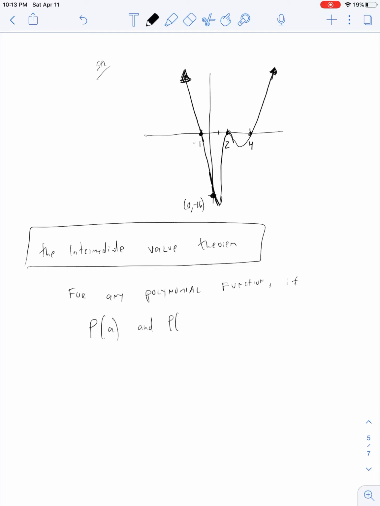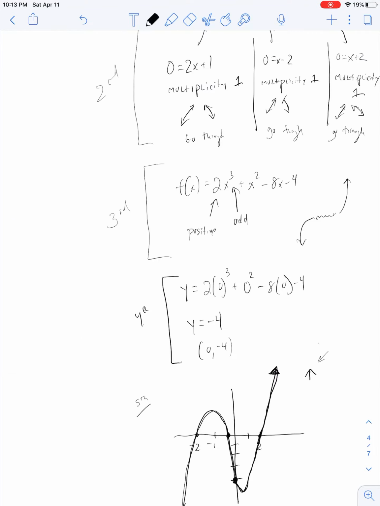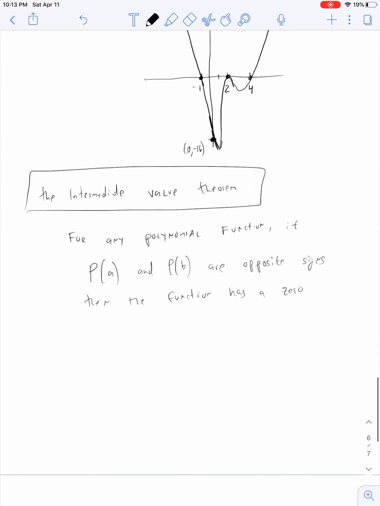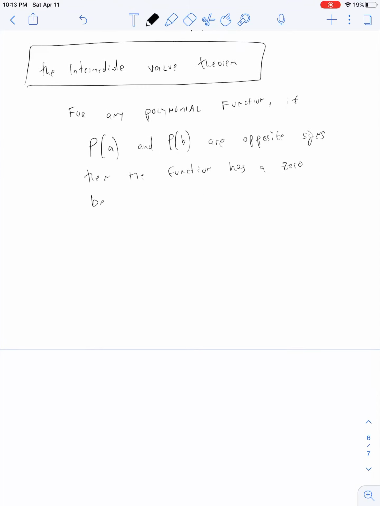So if P of A and P of B are opposite signs, then the function has a 0 or X-intercept. All right, the function has a 0 or X-intercept between A and B.